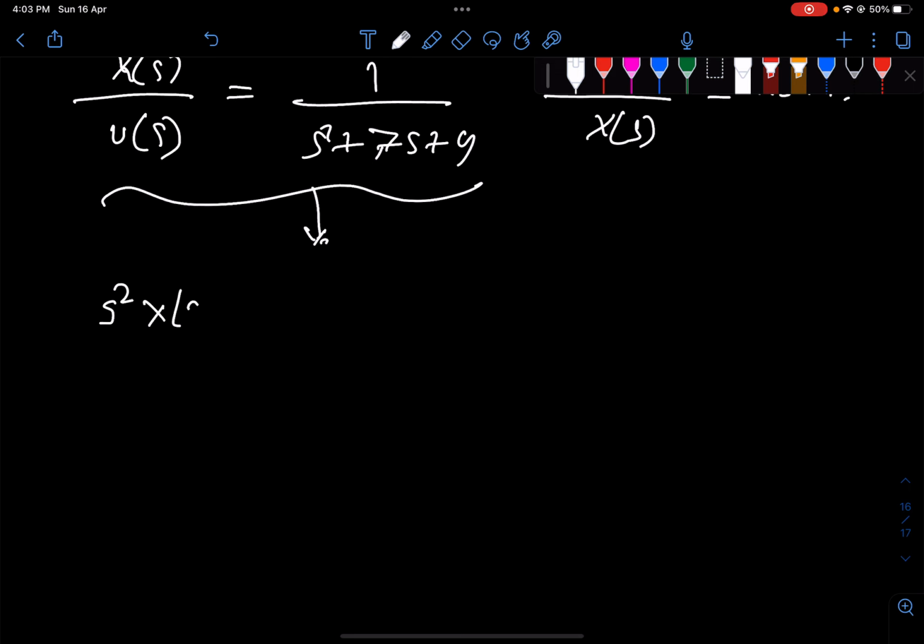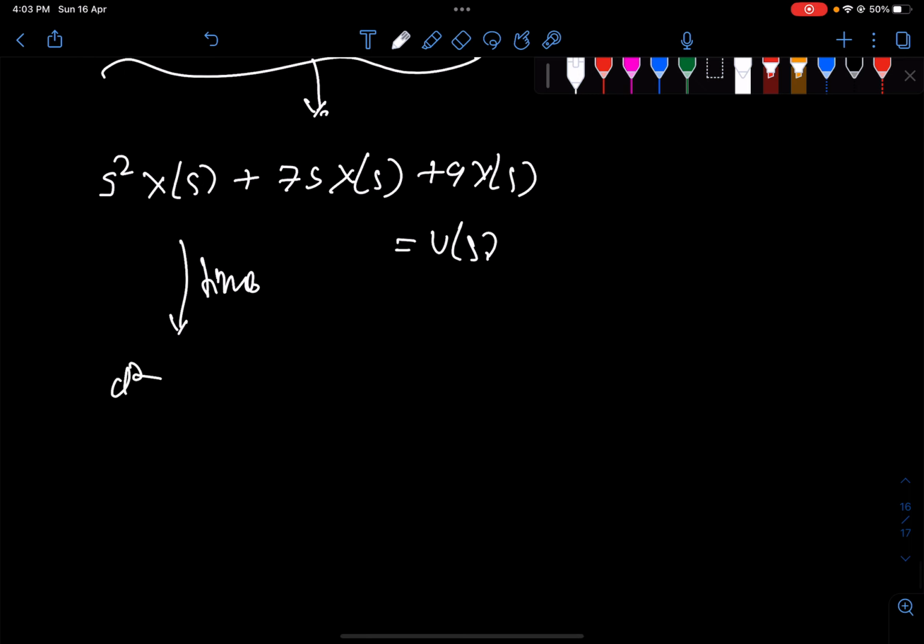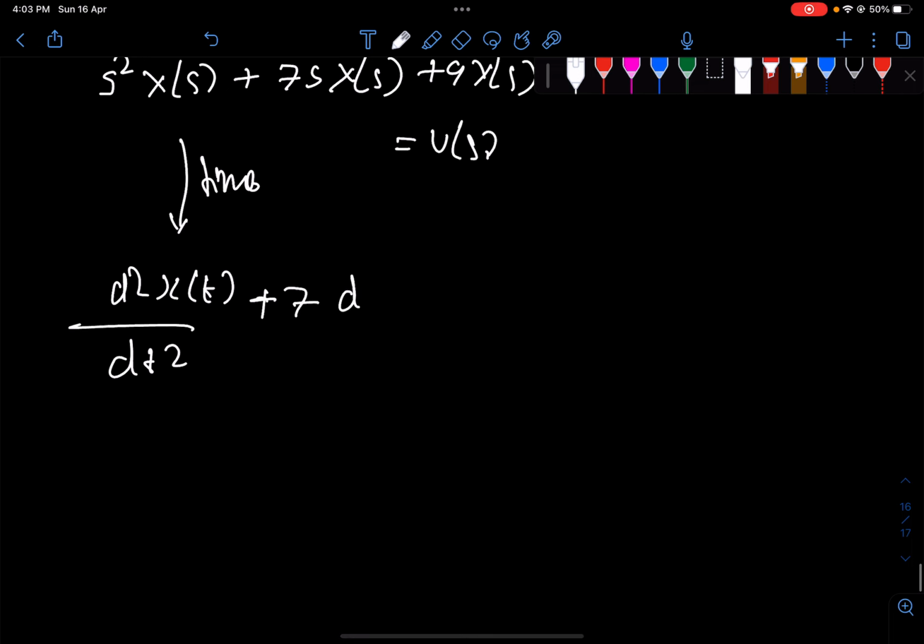So s squared X(s) plus, cross multiply, 7s X(s) plus 9 X(s) equal to U(s). Then convert to the time domain. So what is it? Second derivative, right? So the second derivative of x(t), plus 7 times the first derivative dx(t)/dt, plus 9 x(t) equal to u(t).